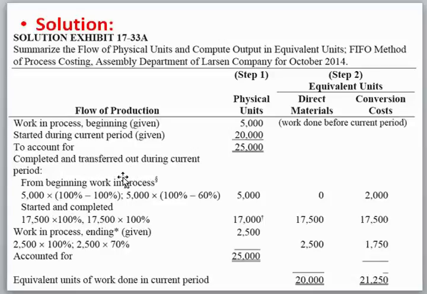So from beginning work in process, first 5,000, and then started and completed 17,500, and the ending work in process, which is given, 2,500. Then the accounted for units are 25,000.